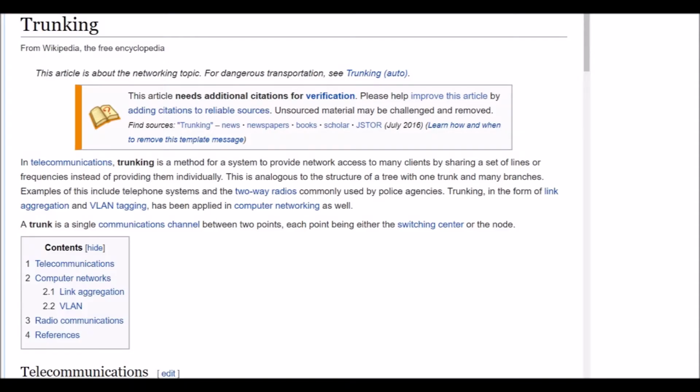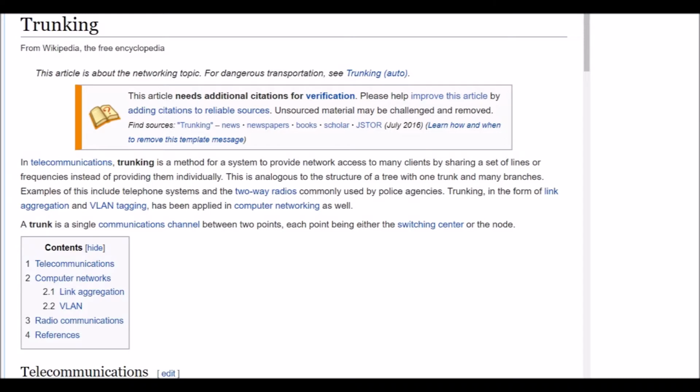Trunking. I included a definition of trunking here. In telecommunications, trunking is a method for a system to provide network access to many clients by sharing a set of lines or frequencies instead of providing them individually. This is analogous to the structure of a tree with one trunk and many branches.